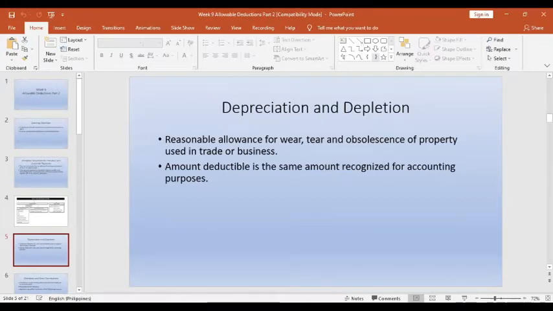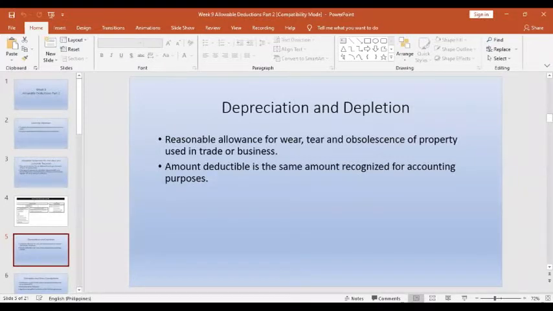As I had said, the remaining itemized deductions. The 6th one is the depreciation and depletion. The depreciation is the allowance for the properties or fixed assets that can be deductible from the value due to obsolescence, wear and tear, and usage.